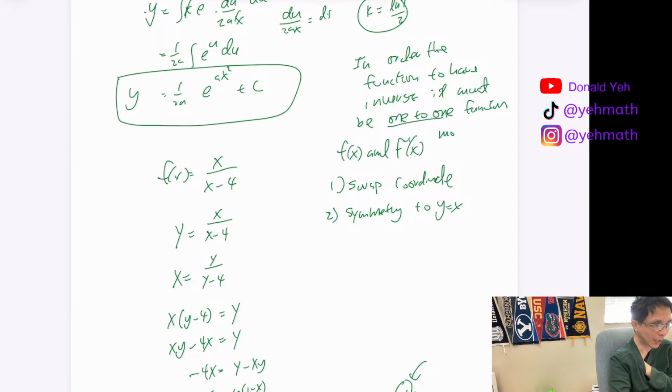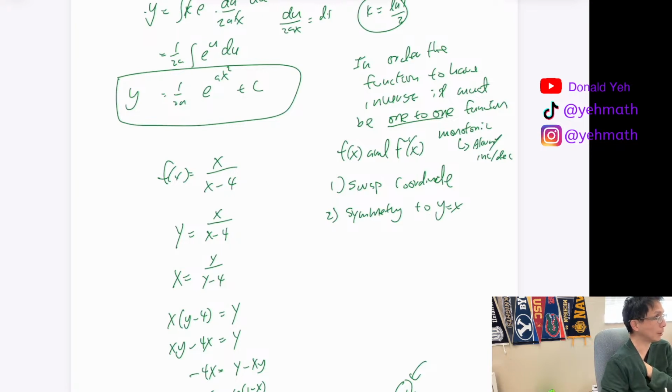Do you know what monotonic means? It must be monotonic: always increasing or always decreasing. So the function has to be going straight up or straight down. It cannot be a parabola. A parabola cannot have an inverse function unless you restrict it, by the way.